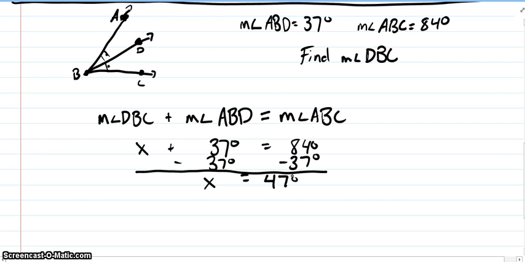And so we know that the measure of angle DBC equals 47 degrees. So right here is 47 degrees, here's 37 degrees, and then the whole thing will be 84 degrees, because when you add those together you'll get 84 degrees.